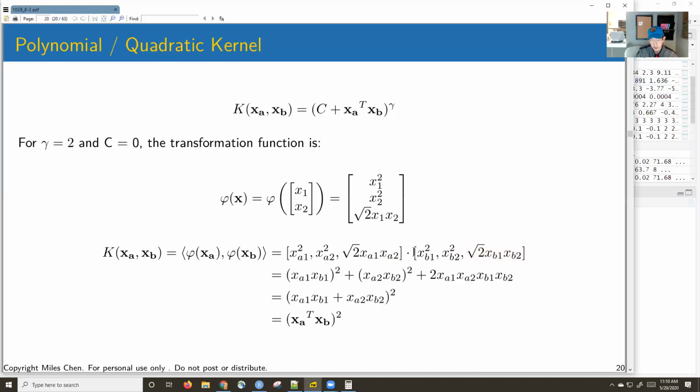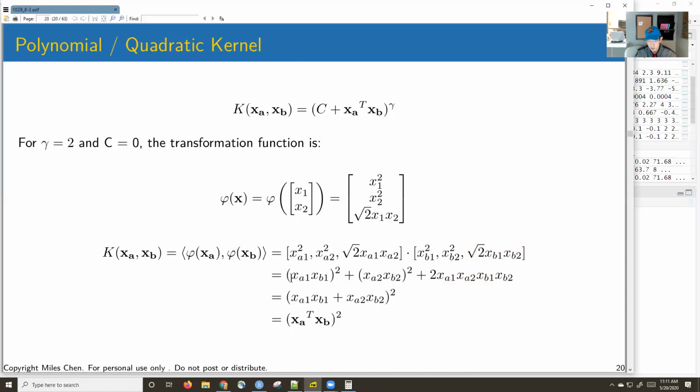When I take the dot product of these two things, we get xa1 xb1 quantity squared. If I do xa1 squared times xb1 squared, I can simplify that as xa1 xb1 quantity squared. Same thing over here, I get xa2 squared times xb2 squared, which is equivalent to that. And then this times this, the 2's combine, and I get 2 xa1 xa2 xb1 xb2.